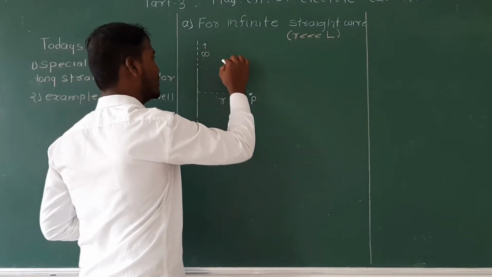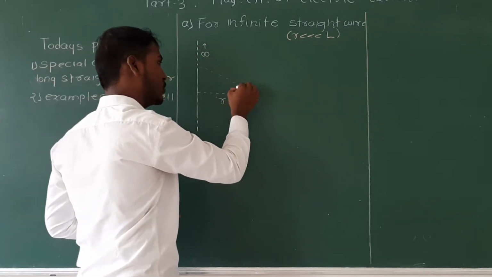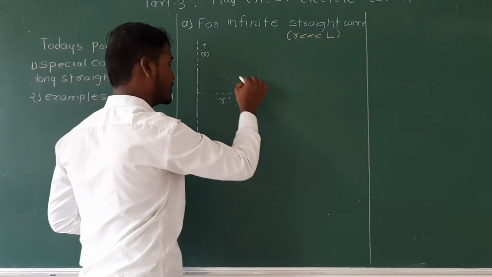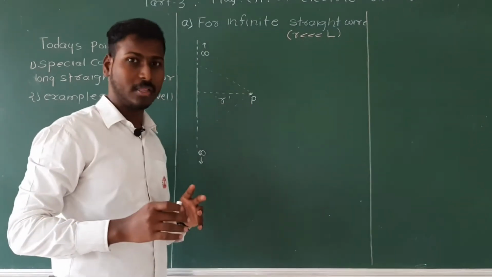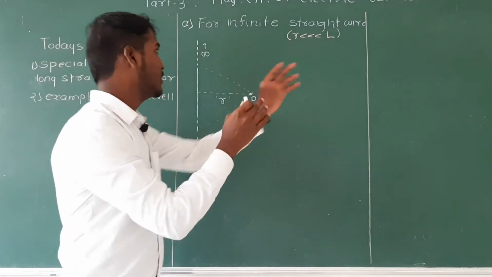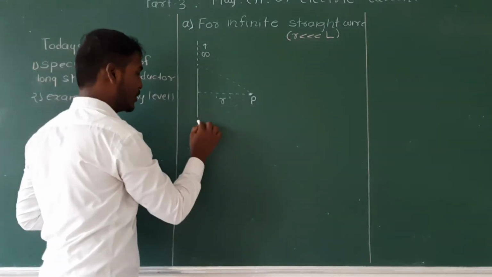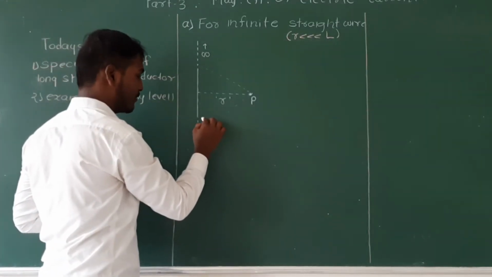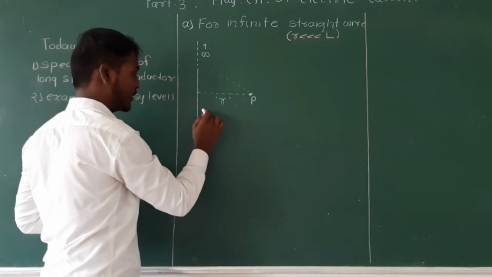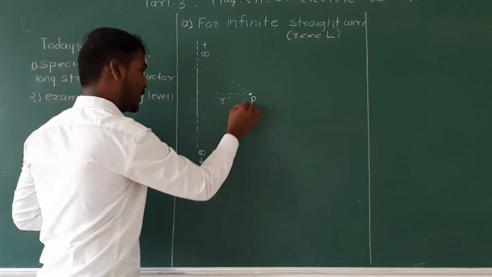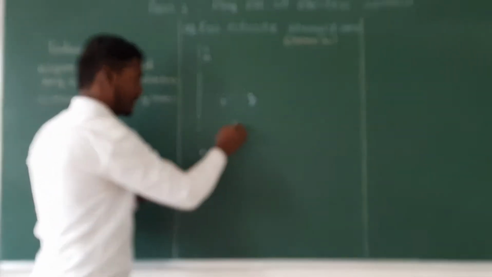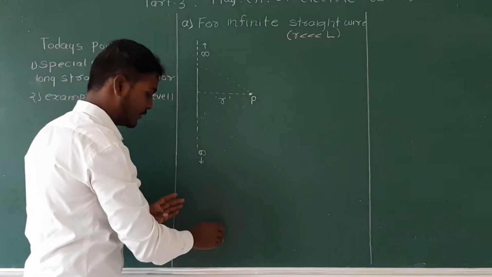If I draw like this, it will be theta 2. Similarly, like this, it will be theta 3. And here we make alpha like this, and again alpha here, and alpha here.